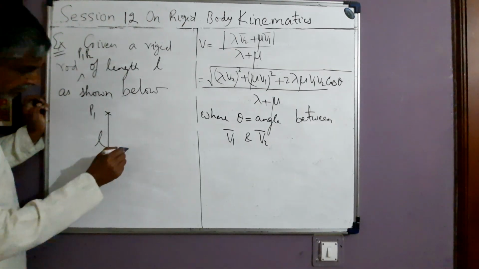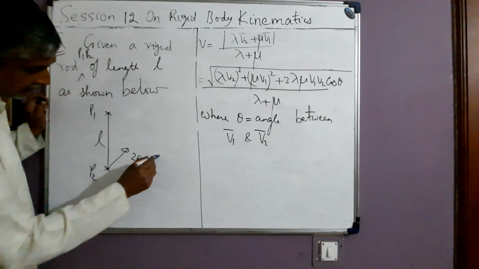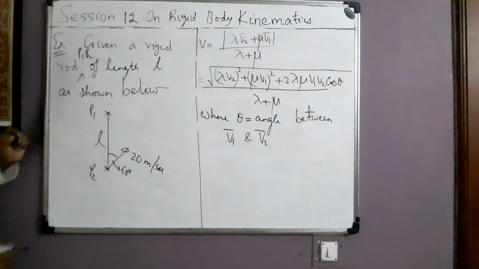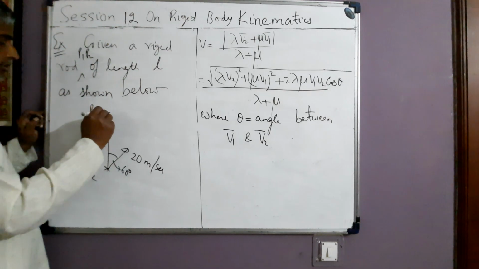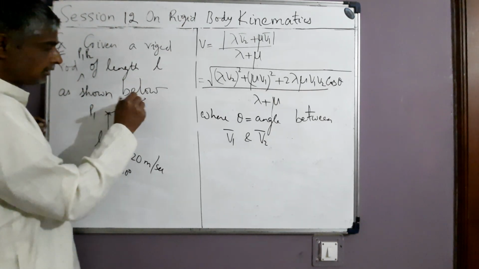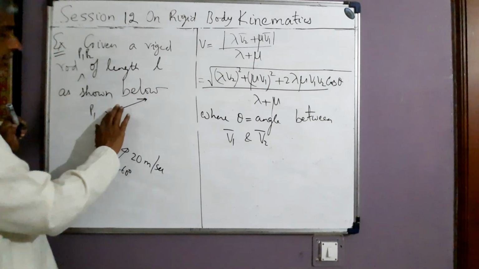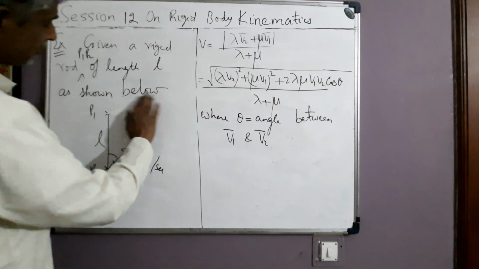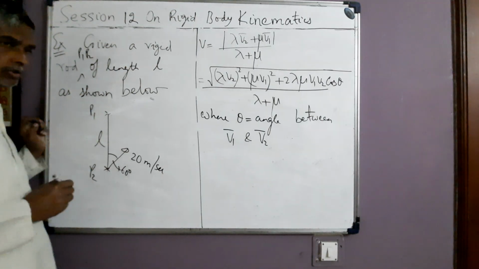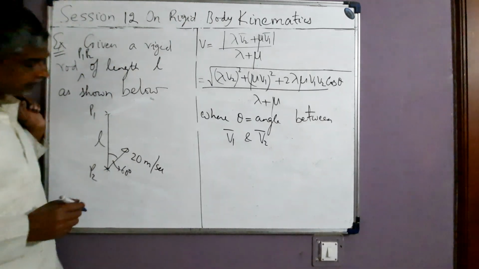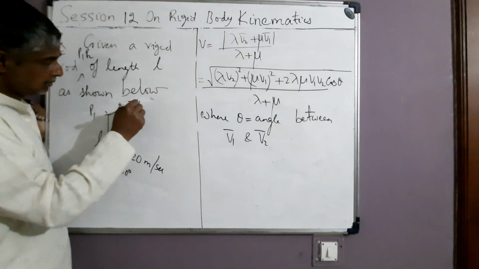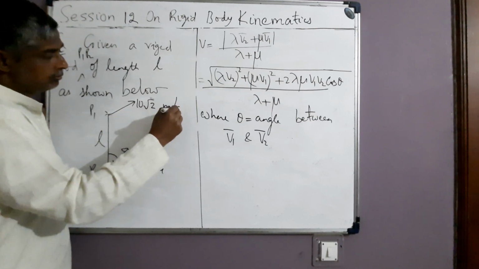Now velocity of P2 is given to be 20 meter per second at an angle of 60 degree with respect to ground frame. And velocity of P1 is given to be, say, 10 root 2 meter per second.